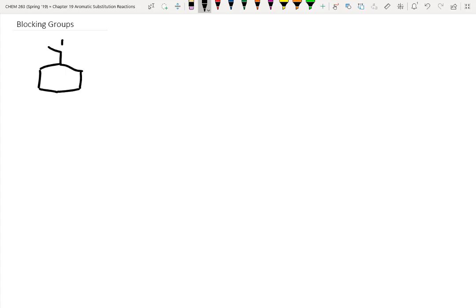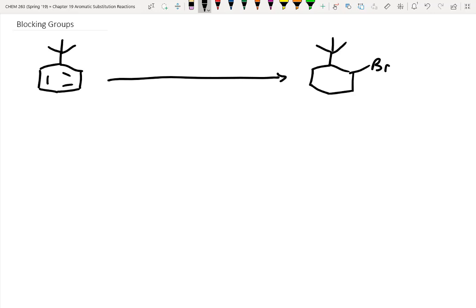All right, so let's say I've got tert-butylbenzene, and I absolutely insist on getting my ortho-brominated product. We can't just toss in elemental bromine and iron tribromide, right? Because we just went over the fact that sterically it would favor the para substitution. So we've got to find a workaround. We can't do this in one shot.